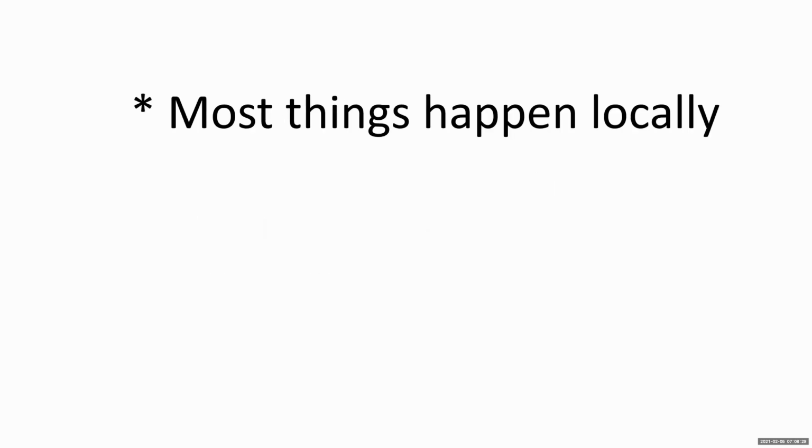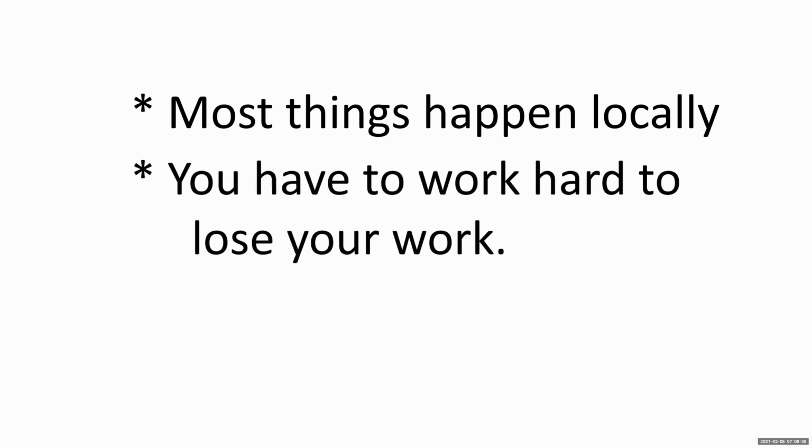Probably the most important thing to keep in mind about Git is that most things happen locally. We're going to talk about the difference between local and remote, but most of what you're doing will be local on your machine. Boy, is he loud. The other thing about Git is that you really have to go out of your way to lose your work. Almost anything you do in Git can be undone.